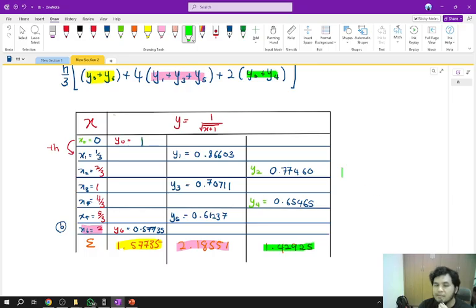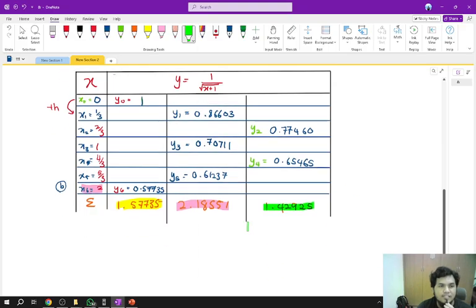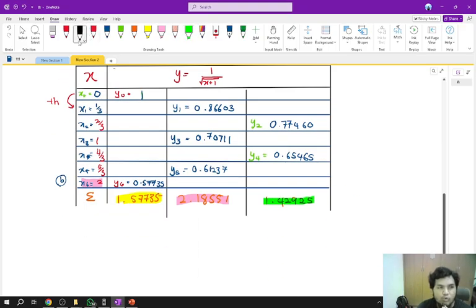Okay, so we have done step number 3, and the last one we have to insert the values from the table back into our Simpson's equation. Step number 4. So h is 1/3, in bracket over 3.